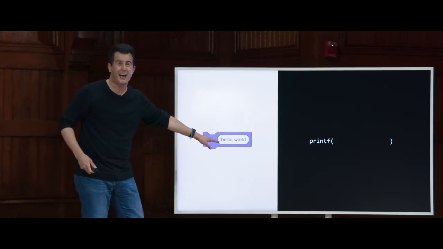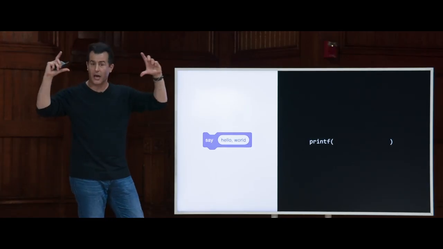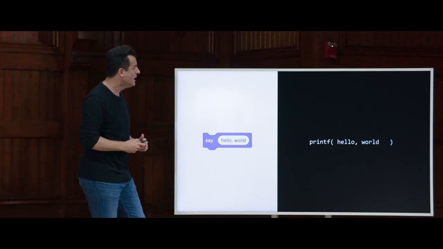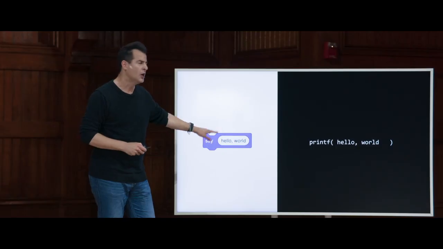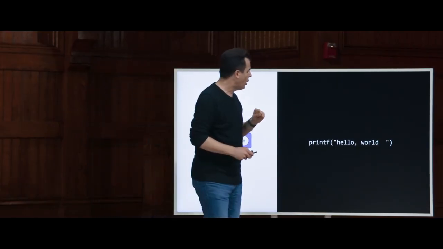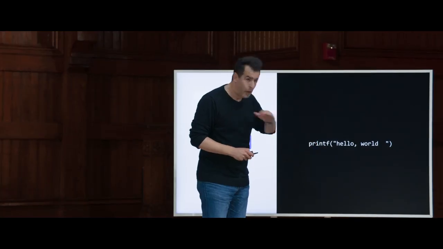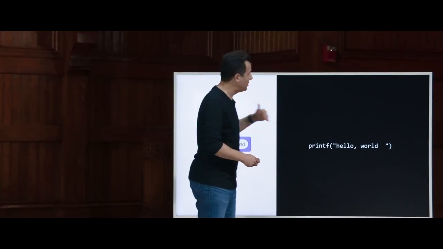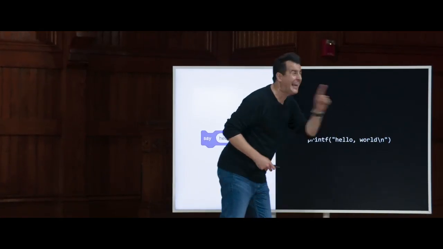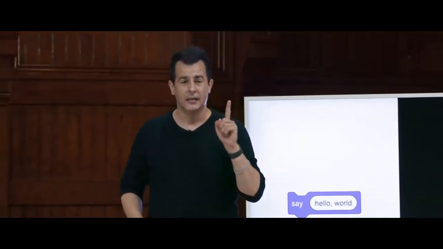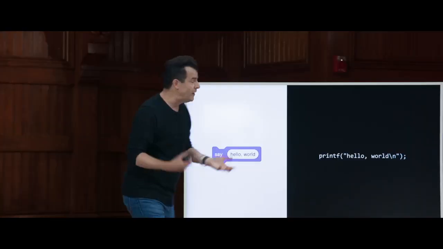And that's probably why MIT chose an oval, because a lot of languages use parentheses in this way. You still write hello world, just as we did last week in Scratch. But per our demo thus far, you do need the double quotes, and double quotes, not single quotes, on the left and right. And in order to get that new line, you need the \n. And one more thing is missing. Yeah, the semicolon to finish your thought.